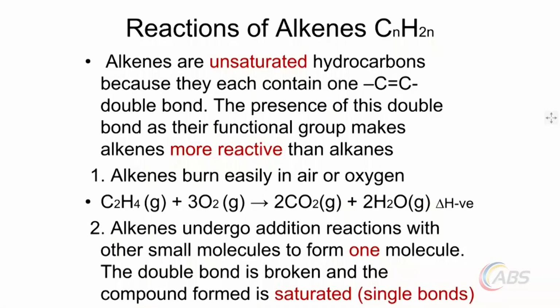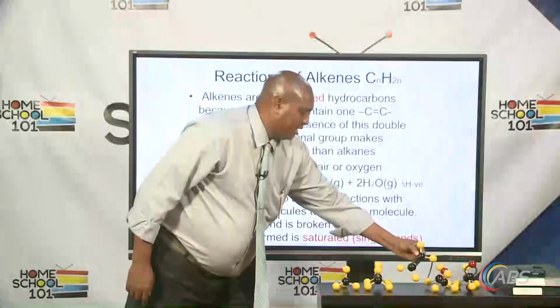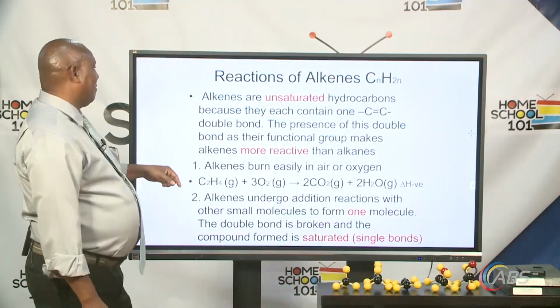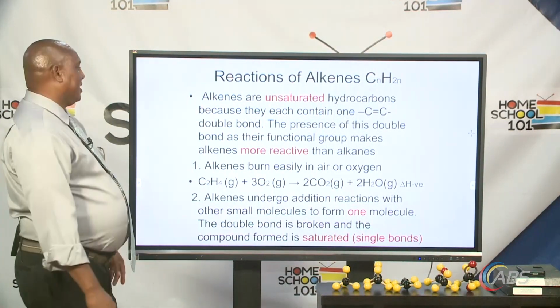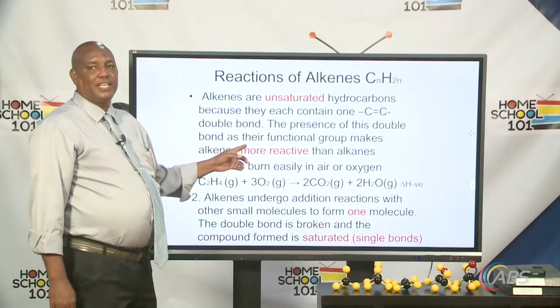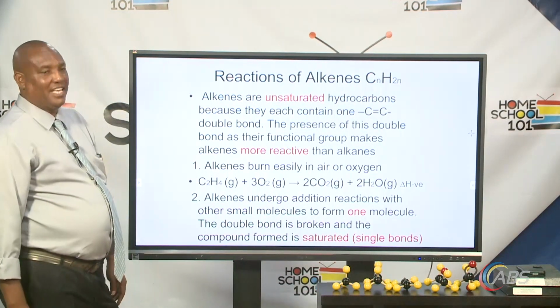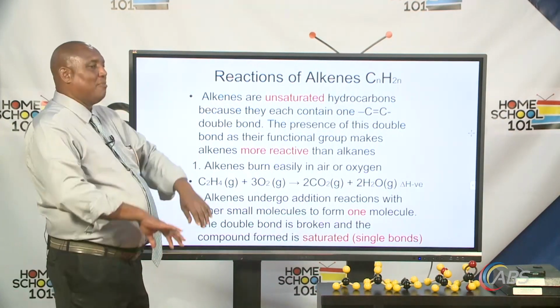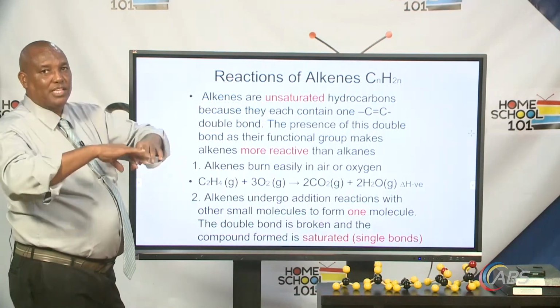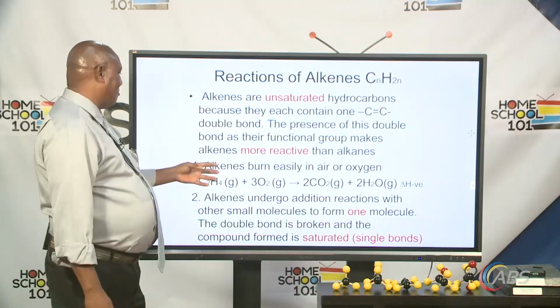Now carefully, there's a carbon-carbon double bond and single bonds. The presence of this double bond as their functional group makes alkenes more reactive than alkanes, because one of those bonds in the double bond can break to form other molecules.